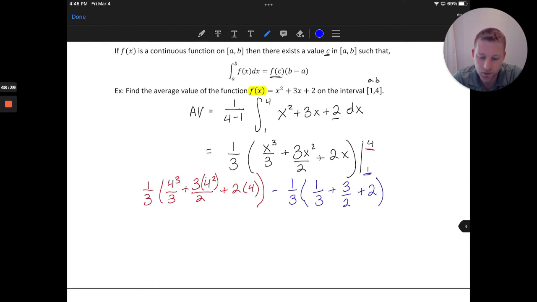And if we go to evaluate this all the way through, we should find that this is equal to 16.5 as our average y value on that interval. So the average value of the function would be 16.5.